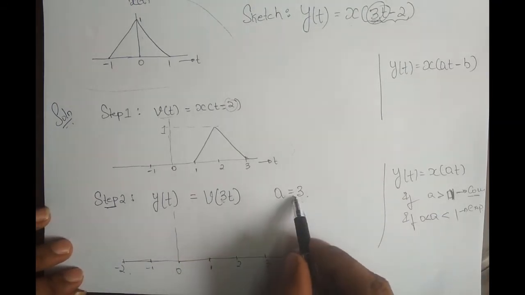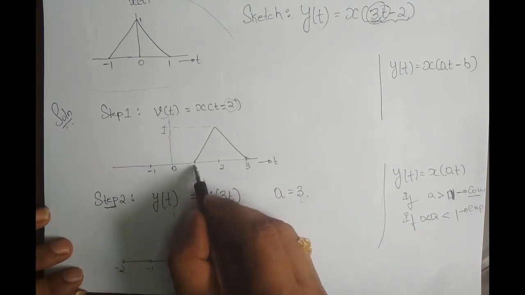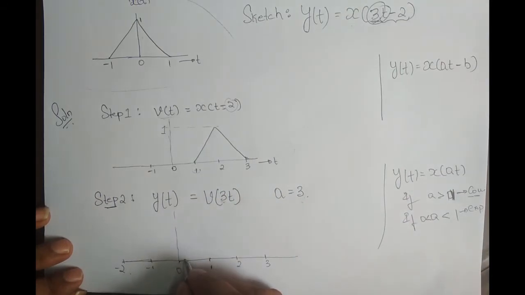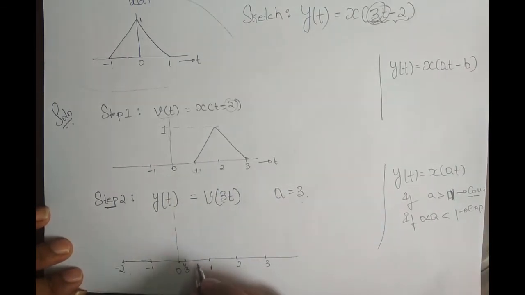Now you have to take the inverse of a, which is 1 by 3. That 1 by 3 is multiplied to 1, so 1 into 1 by 3 is 1 by 3, and I get 1 by 3 somewhere here. 2 into 1 by 3 is 2 by 3, so I get 2 by 3 somewhere here.